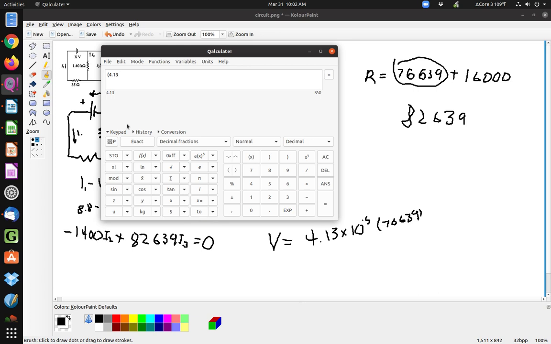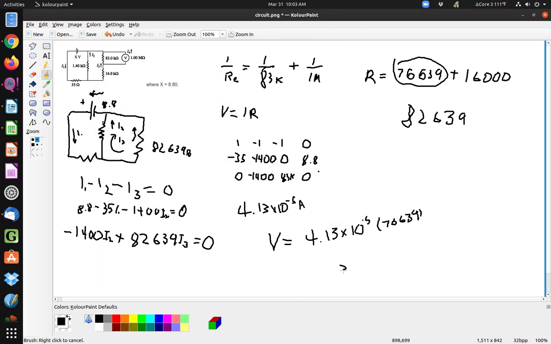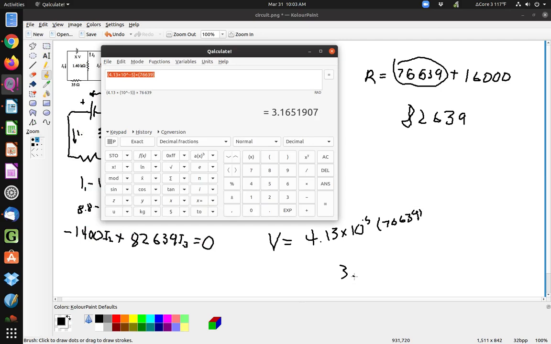Alright, 4.13 times 10 to the negative 5, and then we're going to multiply that times 76,639, and we get a voltage of 3.17.